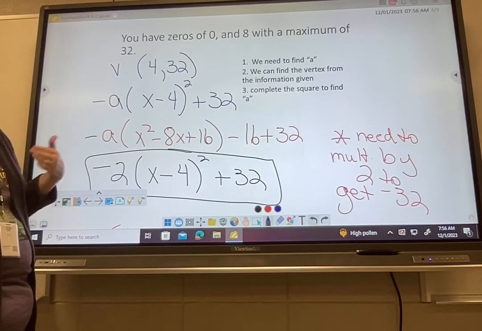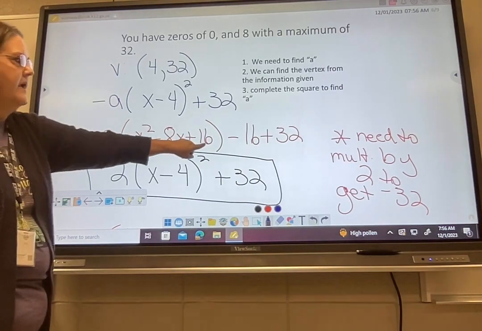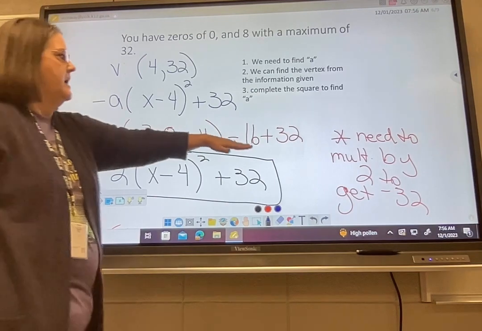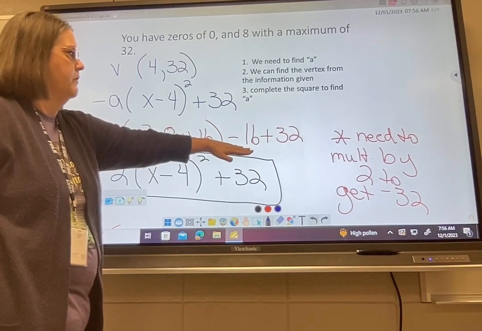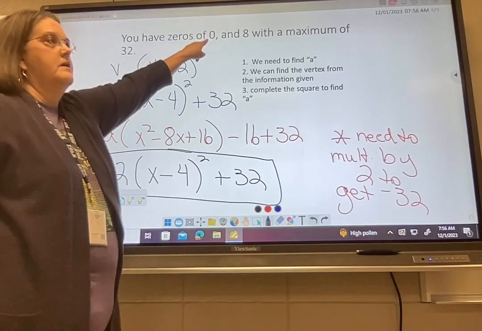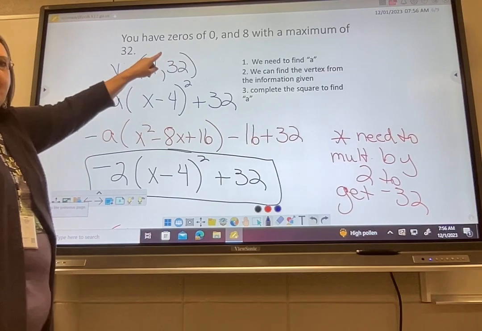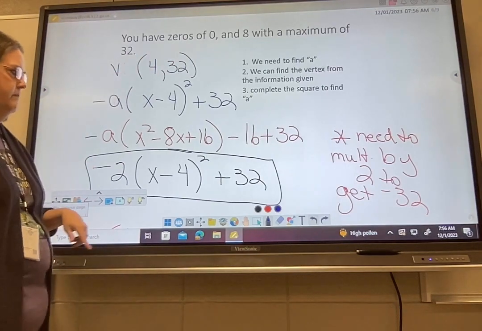All right, when we complete the square and we add 16 here, we have to take away 16 over here, because we do know, since this has a zero at (0, 0), that in standard form I don't have a c, my c is 0.